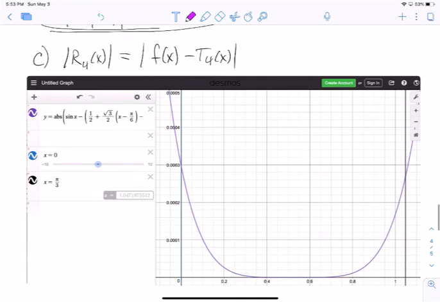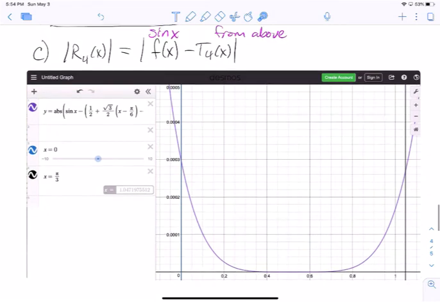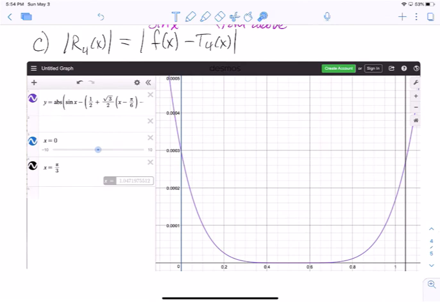Now f of x was given to be the sine of x, and t sub 4 of x is from above, right? Part A. So I've graphed here the absolute value of the sine of x minus the 4th degree Taylor polynomial. You can't see it here, but there were a lot of terms I typed in. And this curve that we have here in purple is the remainder function.